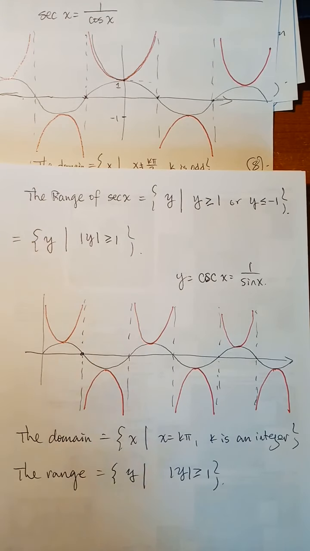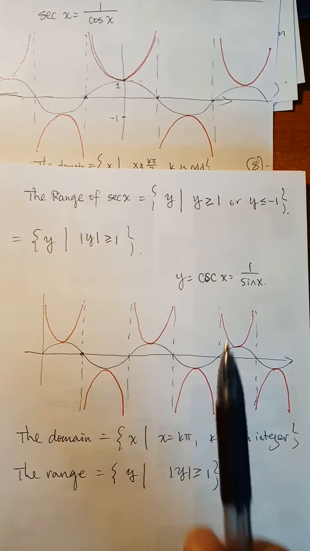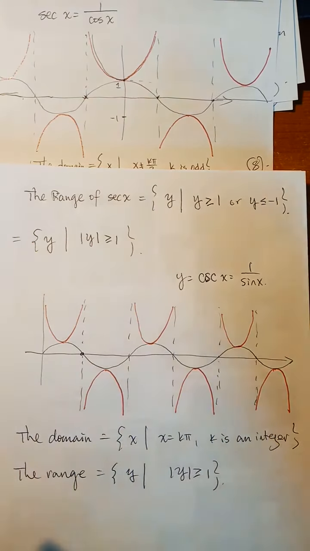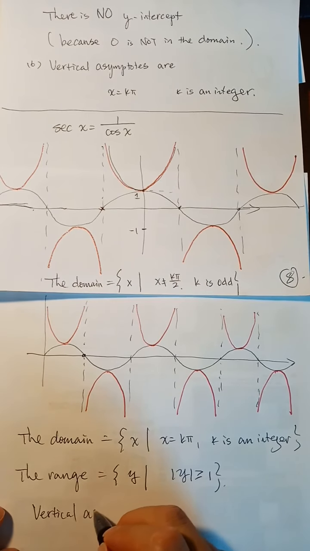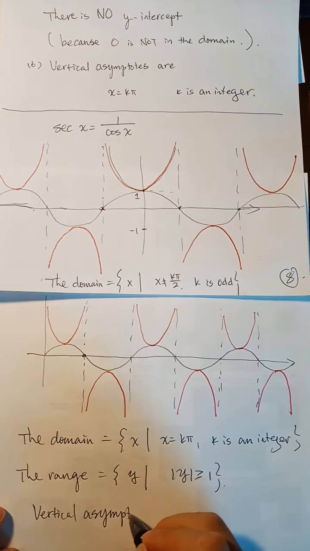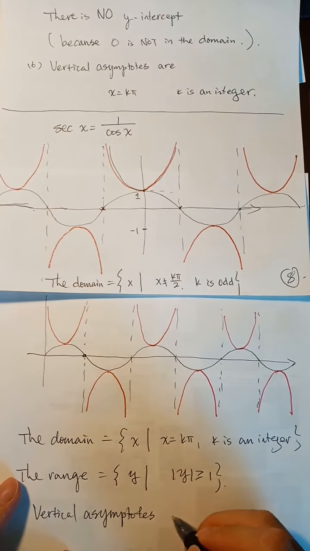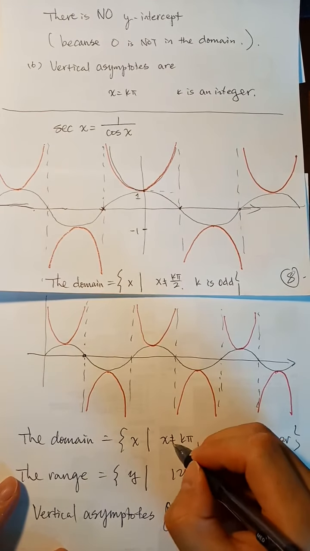And another thing for this is that whenever you see dotted line in the secant and the cosecant, they give you the vertical asymptote. So the vertical asymptotes are x equal to k pi.